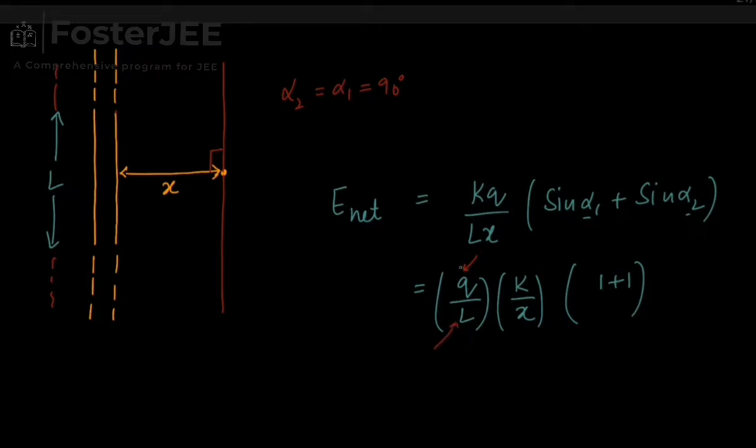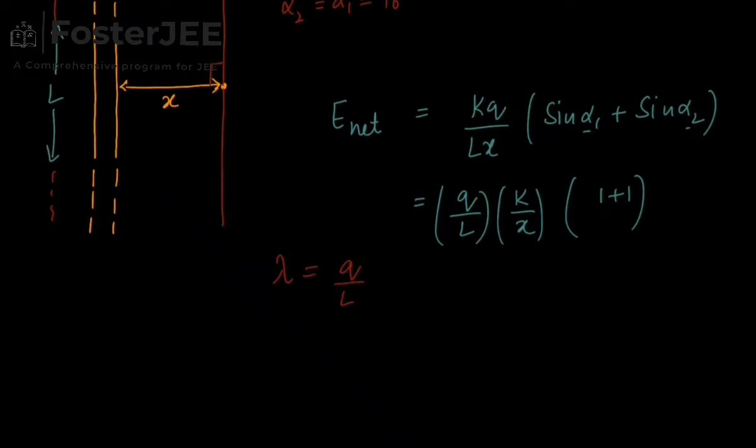So this becomes infinite upon infinite. But we define lambda as linear charge density, which is total charge upon total length, which is constant.